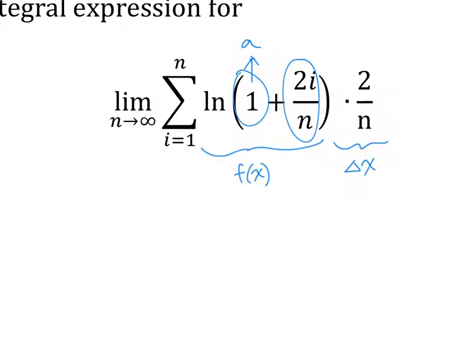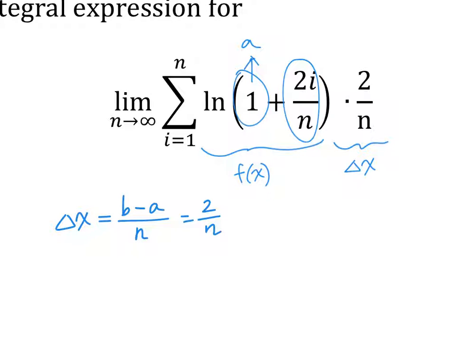Now we're going to figure out b first. Delta x has to be the end point minus the beginning point divided by however many intervals there are. This one is infinitely many intervals, so we're just going to ignore that and write a definite integral. This is equal to 2 over n, because we already figured that out.